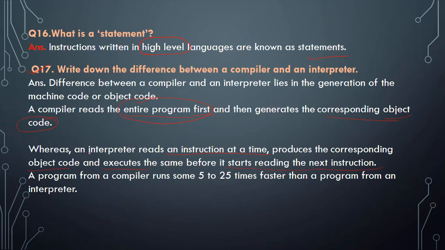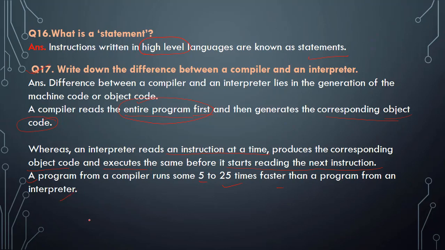That means the interpreter works one instruction at a time, but in the case of a compiler, it reads the entire program first and makes an object code. A program run through a compiler runs 5 to 25 times faster than a program run through an interpreter.